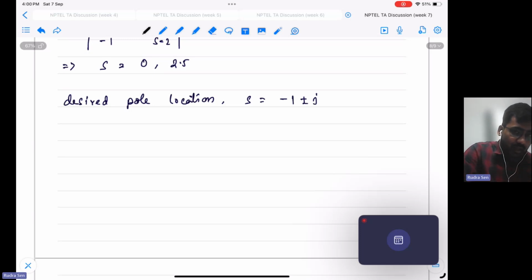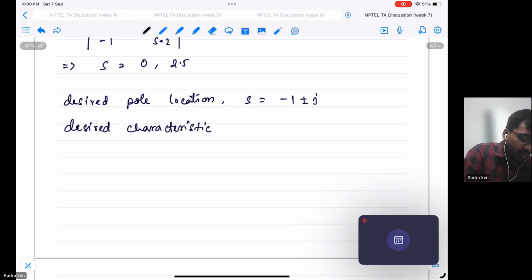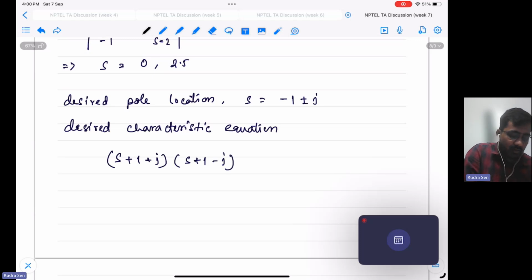So what would be the desired characteristic equation? It would be (s plus 1 plus j) times (s plus 1 minus j).